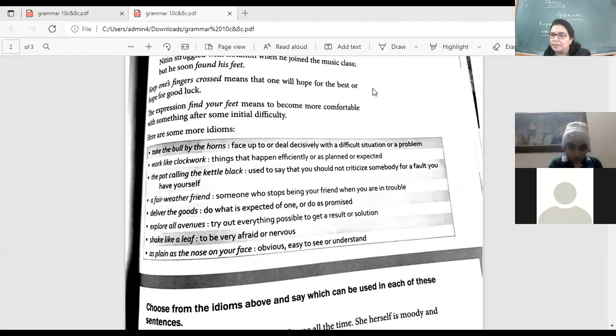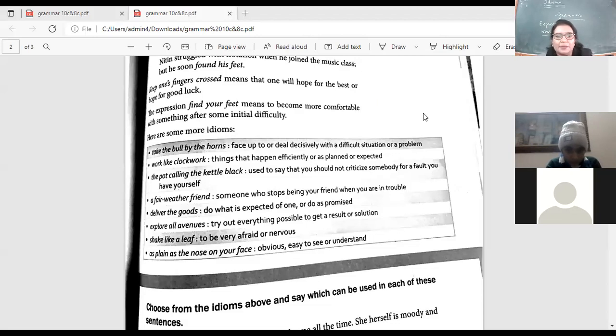Before settling down in my career, in my life, I'm not in a hurry to take up a job. I want to explore all avenues before finalizing. Okay, let me see what all is there. Explore all avenues. Good.